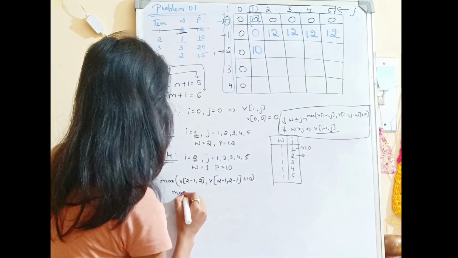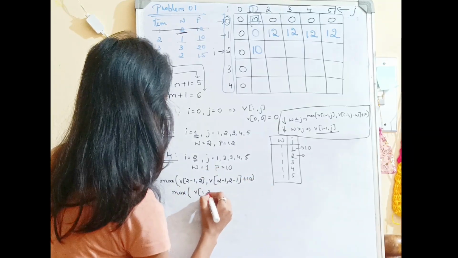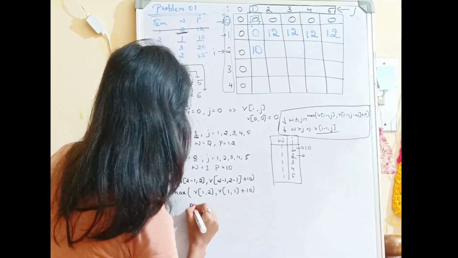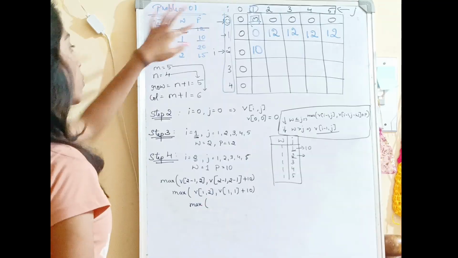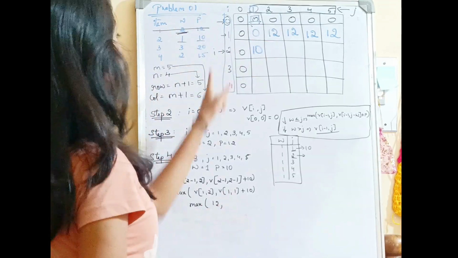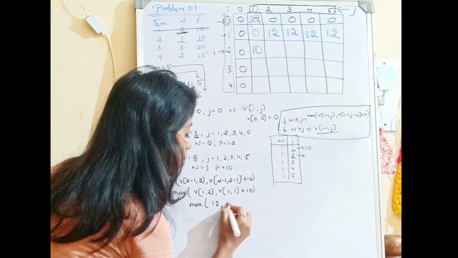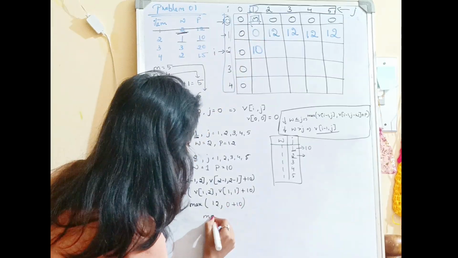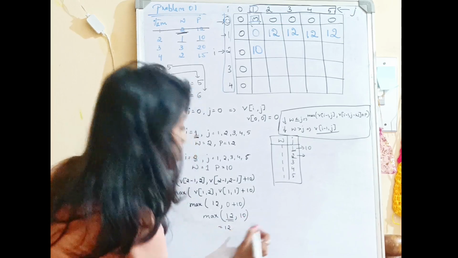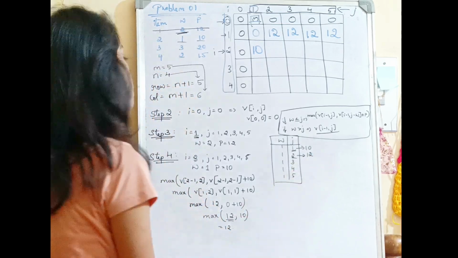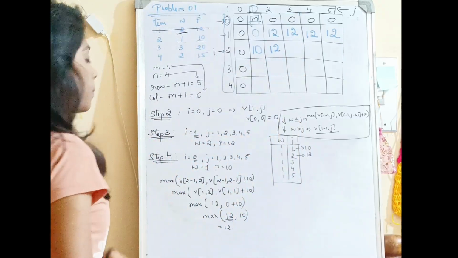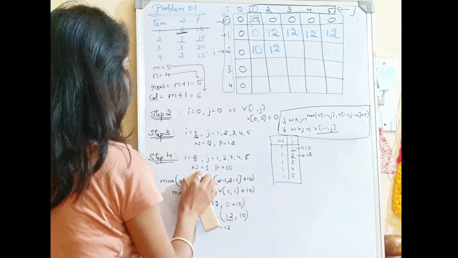Maximum of v of 1 comma 2, comma, v of 1 comma 1 plus 10. 1 comma 2 is 12. So write down 12. 1 comma 1 is 0 plus 10. So which is highest among 12 and 10? It is obviously 12. So the second will be filled with 12. Clear?